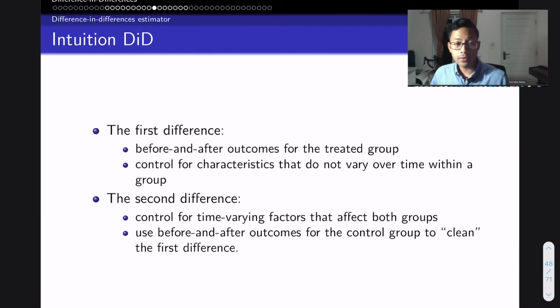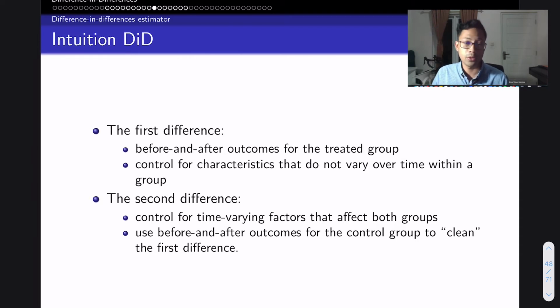So just going back to the whole idea of doing the DID, the first difference that we did is the before and after for both the comparison and the treatment group. We do this first difference to control for characteristics that do not vary over time within that specific group. Okay. The second difference that we did was to control for time varying factors that affect both groups.